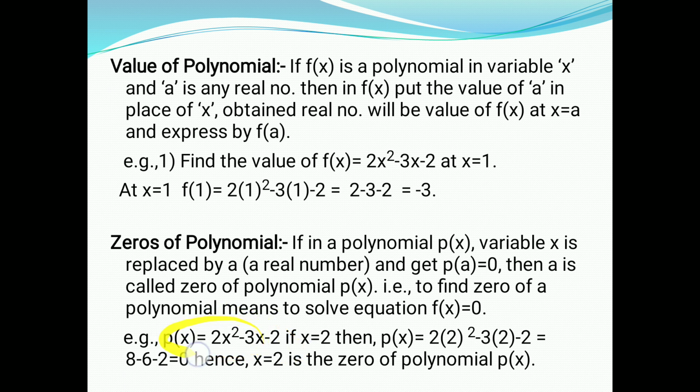So if p(x) becomes equal to 0 after putting the value of a in the polynomial, then that value of a will be the zero of the polynomial. For example, p(x) is equal to 2x square minus 3x minus 2. If I put x is equal to 2, then the answer I am getting is 0. I am getting p(x) is equal to 0. So I can say that x is equal to 2 is the zero of the polynomial p(x). Clear? Let's move on to the next topic.